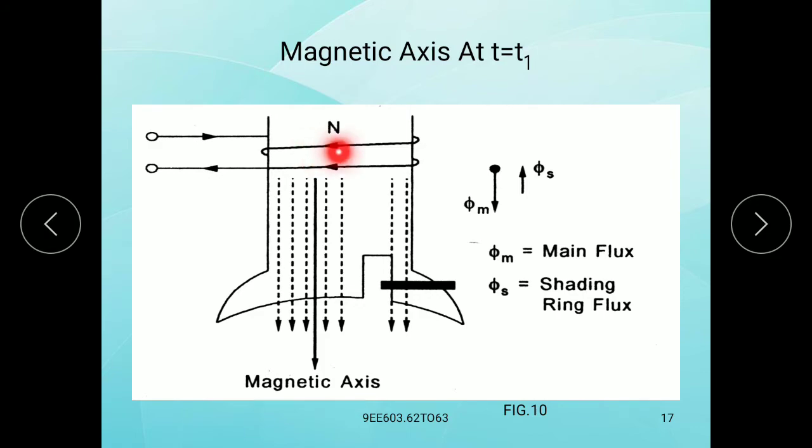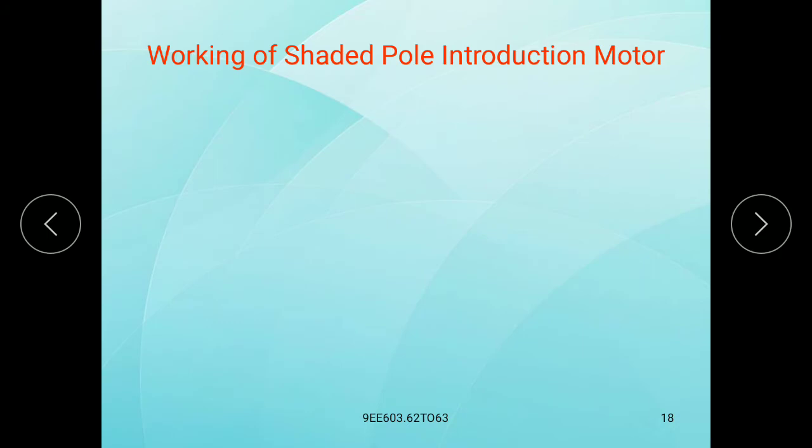With this supply, the north pole is established. Phi m is the maximum flux, the main flux. So, this is the magnetic axis at t is equal to t1.